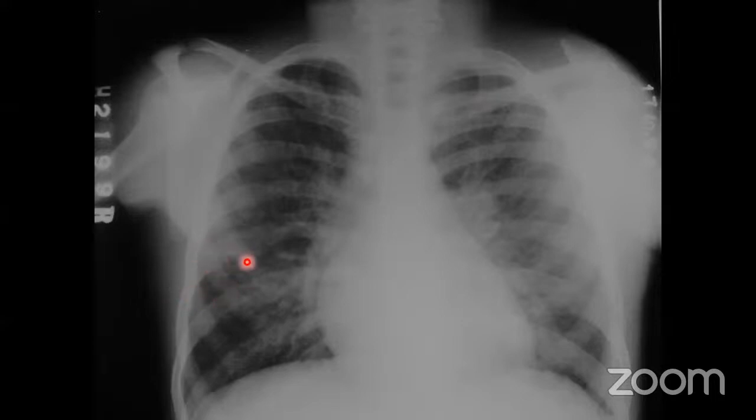I don't know whether you can see that. You can see a line perpendicular to this line. These are seen in the bases. So we call it the Kerley B line. And there are some fluffy viscous opacities at the central part. We call it Kerley C line. So Kerley A for apex, Kerley B for the base, and Kerley C for the central or the viscous. So this is a case of pulmonary edema.